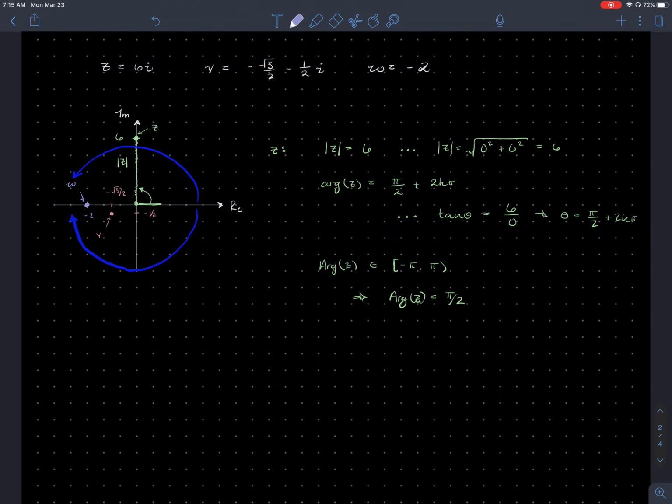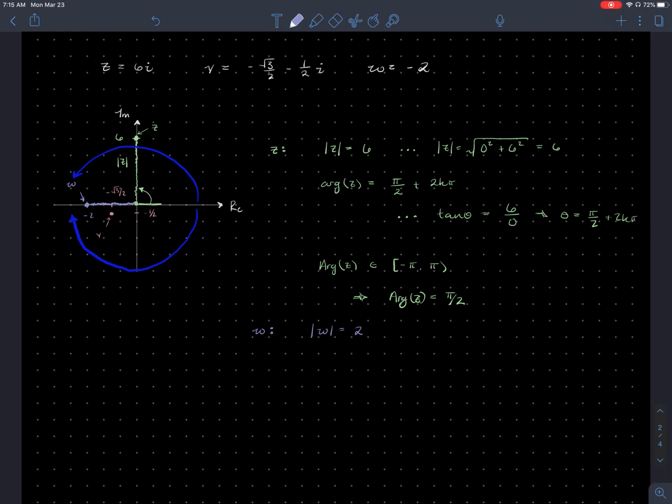Now let's do our other easy one, w. We know just by looking at it, and I'm not going to do the analytical way on this one, I'm just going to be looking at it. We can say that our modulus of w is going to be 2.